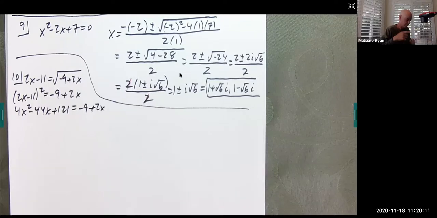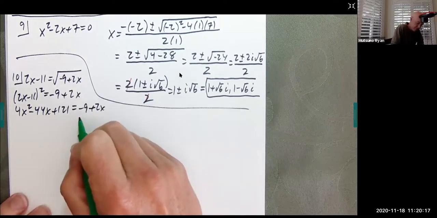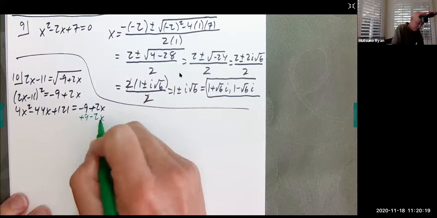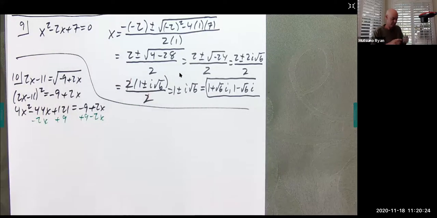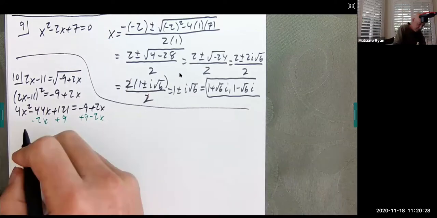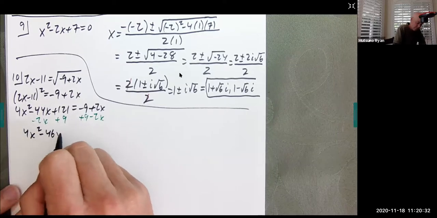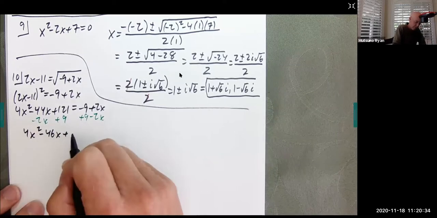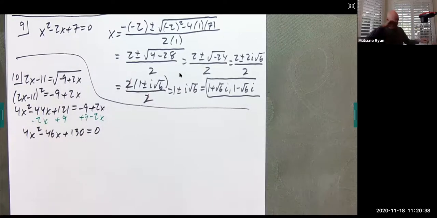Negative 22 times, yeah. So I now have a quadratic. I've got to get the whole thing equal to 0. And I'm going to notice very nicely that these are all even numbers.